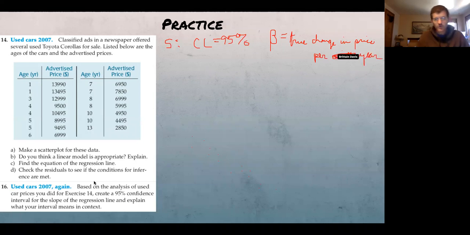That's what we're estimating here, the true change in price per year. And I put the S here for state. For plan, I'm going to do a linear regression T interval.